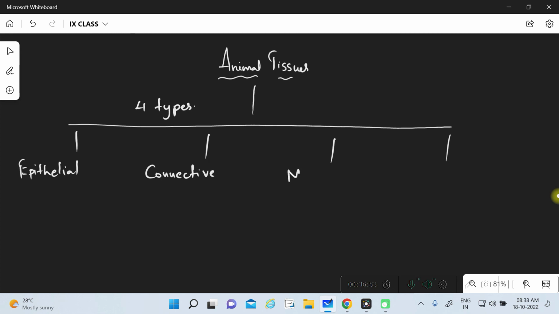The third one, muscular tissue. And the fourth one is nervous tissue. So these are the four different types of tissues present in animals, which help to carry out various functions in the body with the coordination between the tissues and the organs of the animal body.